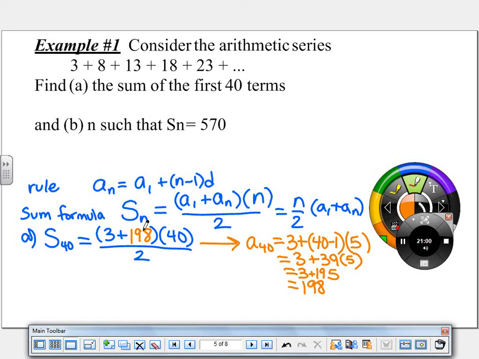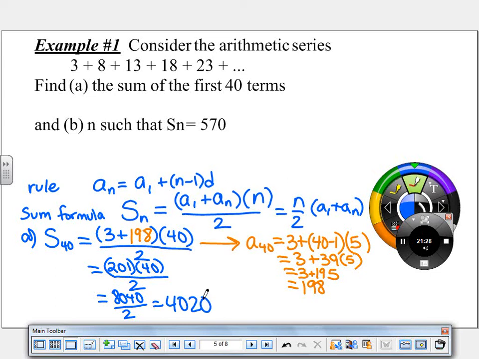Now if I complete this calculation, I'm going to have what the sum is for this series. Okay? So 3 plus 198 is going to give me 201. I'm going to multiply that times 40, and I'm going to divide by 2, which is going to give me 4,020, correct?